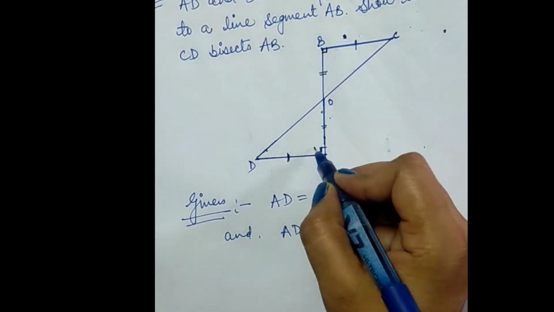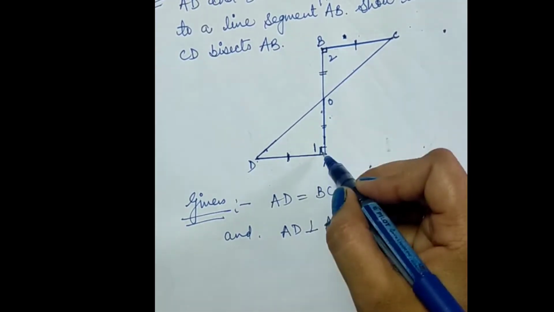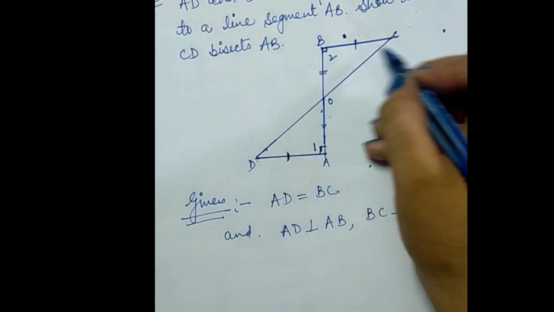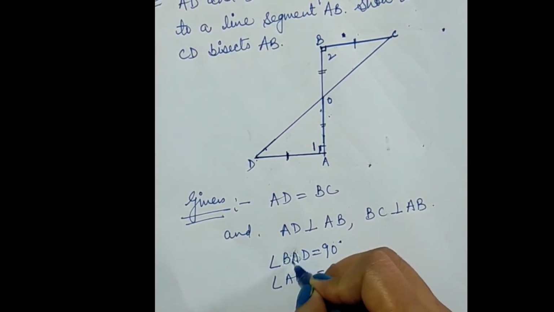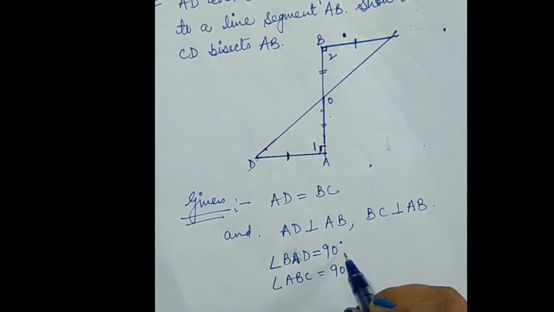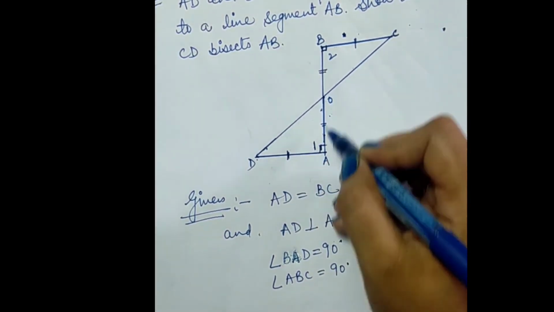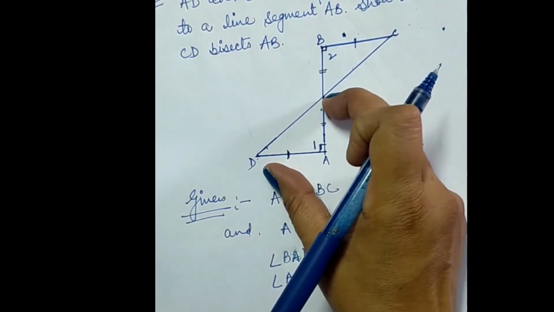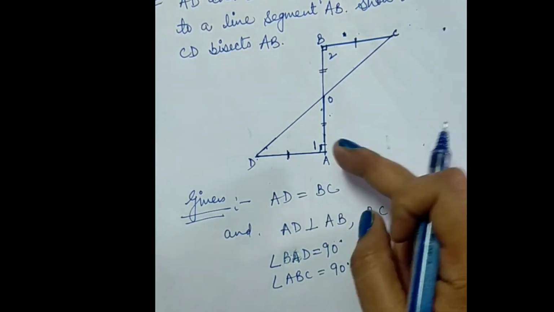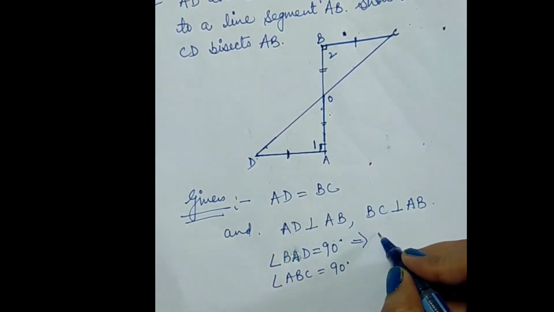That means angle BAD and angle ABC are both 90 degrees. So instead of writing BAD, we can write OAD because OAD is a separate triangle and OBC is another one. So I am taking that much which I am requiring.